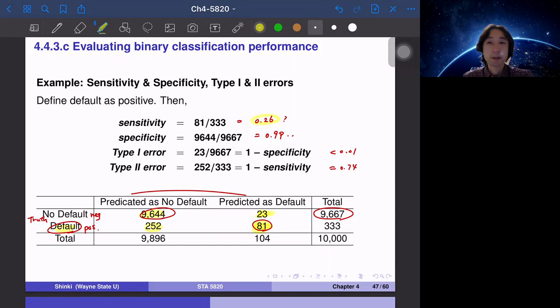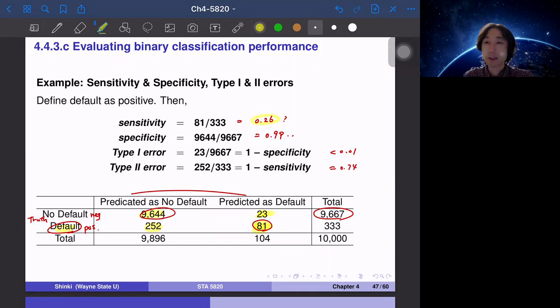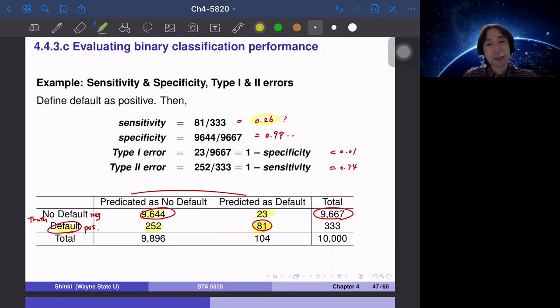If we think about making a decision rule, that will be the next topic. But if we want to make a decision rule, then we have the trade-off between sensitivity and specificity. So sometimes we set the sensitivity, for example at 30%, then we maximize specificity given that condition.